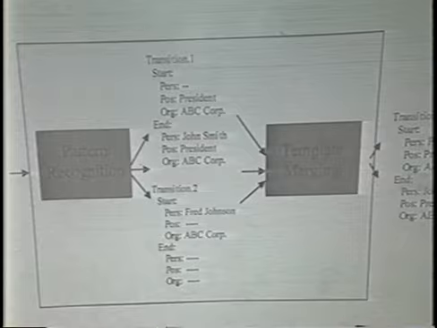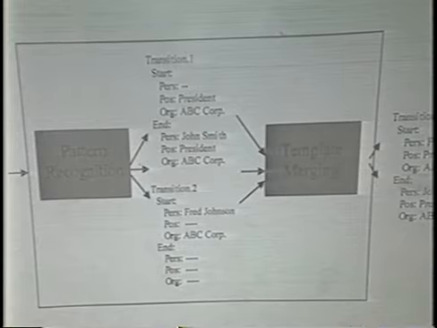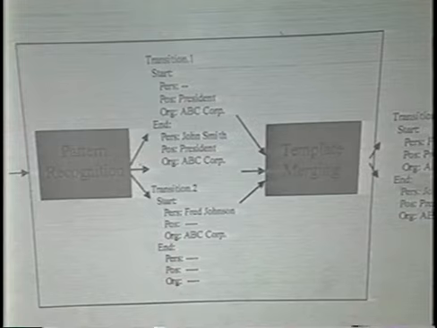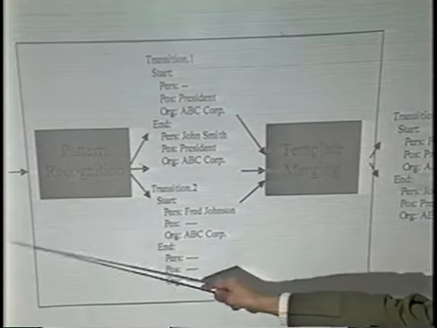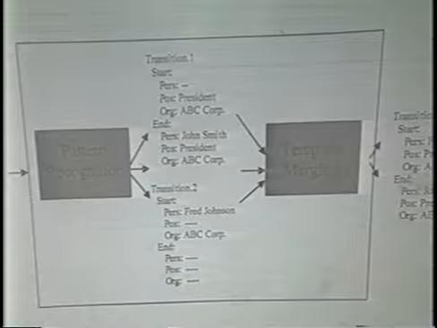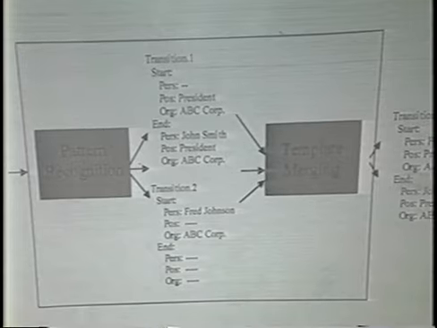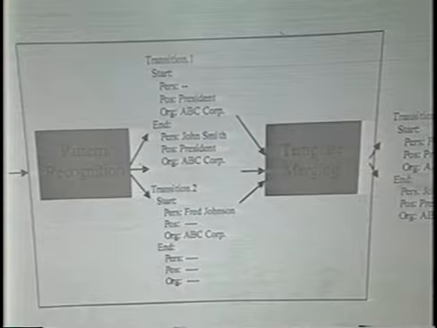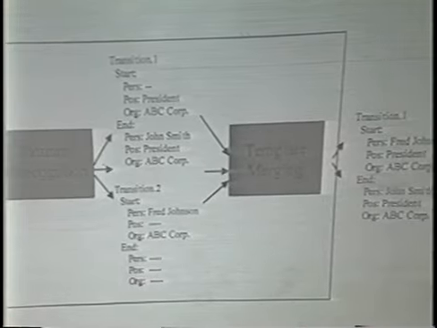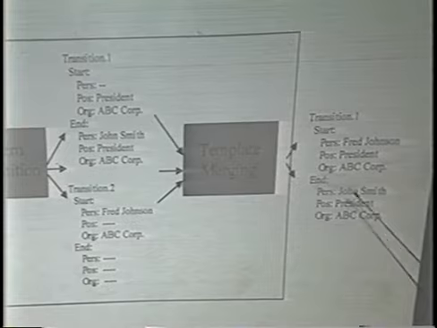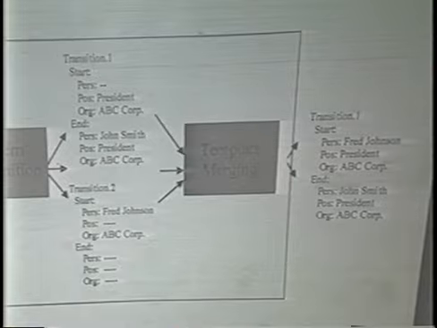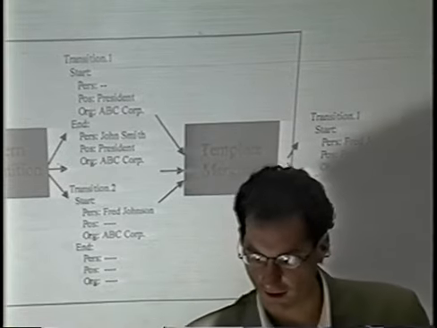Now, when we read this, it's pretty clear to us that Fred Johnson was not the president of ABC, and Smith is therefore not replacing Johnson. Johnson's in one of these other jobs and left later. Yet that's exactly the inference the merger will happily make in unifying these templates and ending up with this output structure. So we want a way to block these bad merges, but still keep the good merges.